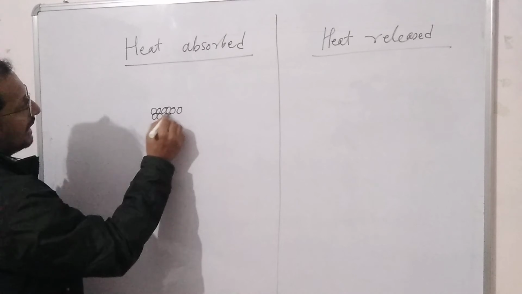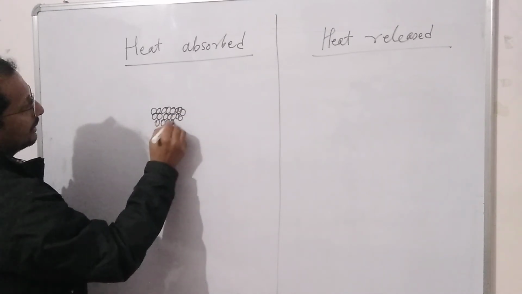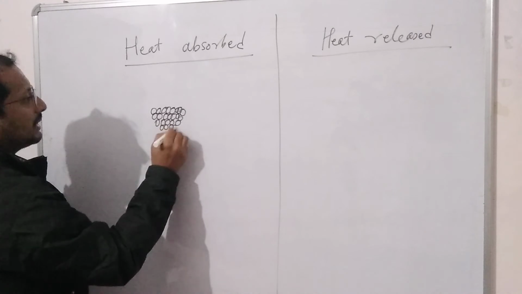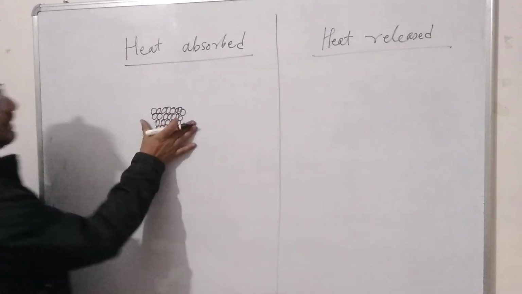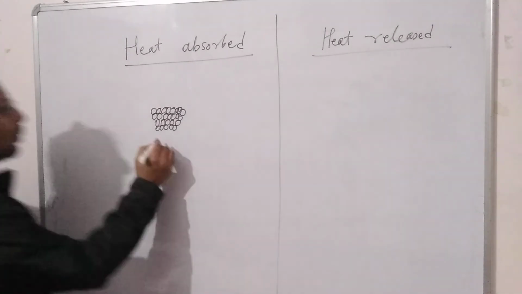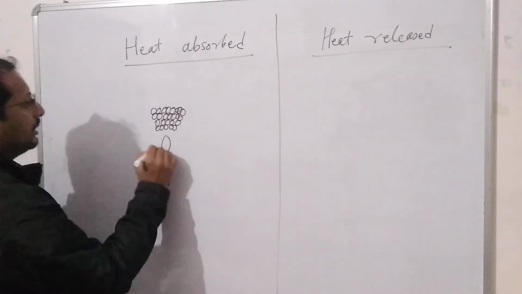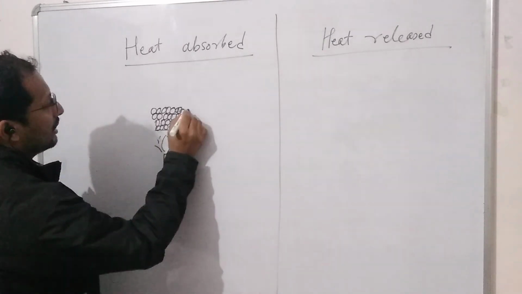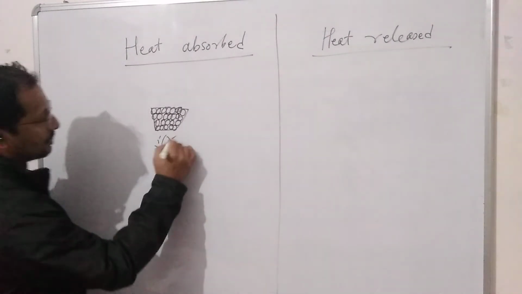Consider this as an arrangement of solid particles. Solid particles, all of you know, the characteristic is that they are very closely tied to each other. When the heat is absorbed by it, any solid body, heat is absorbed by it.